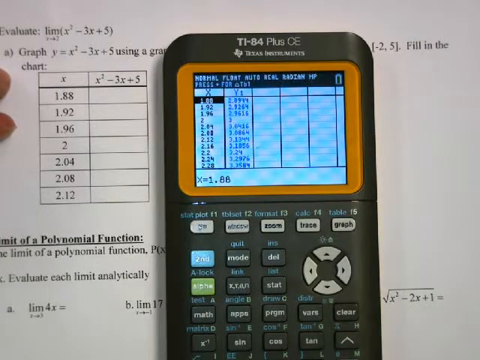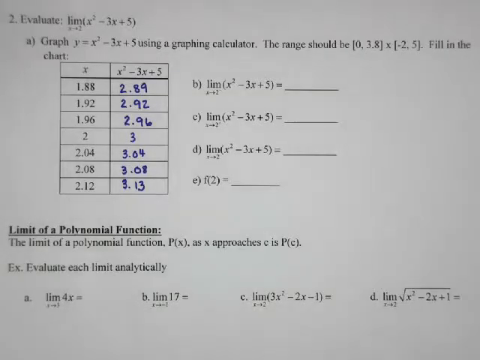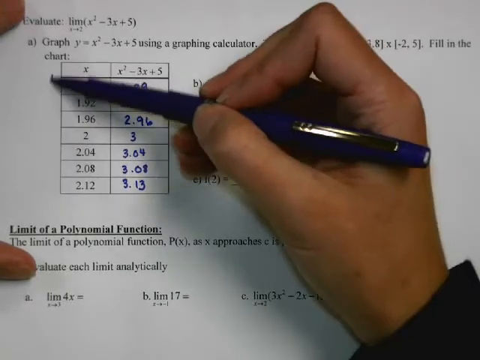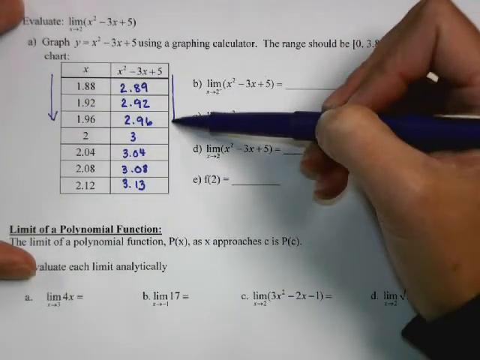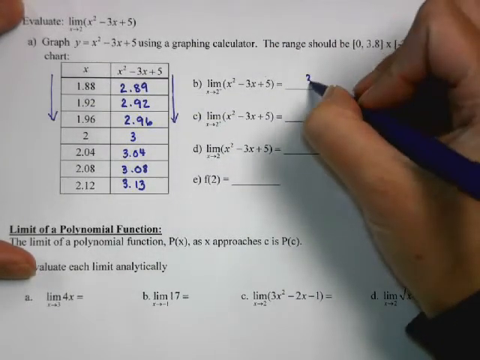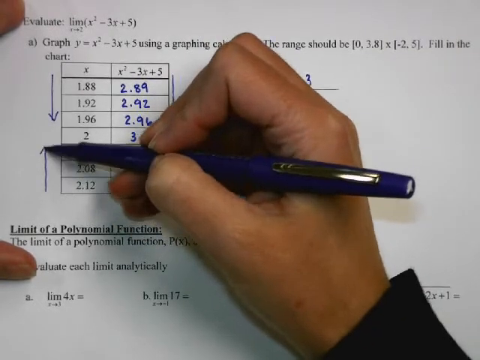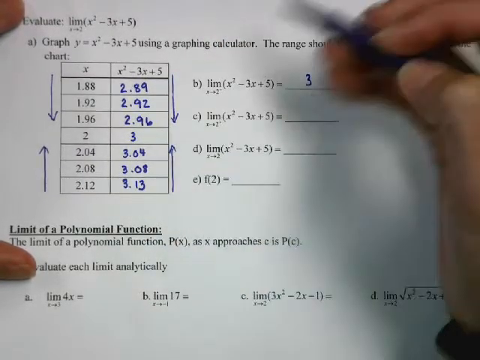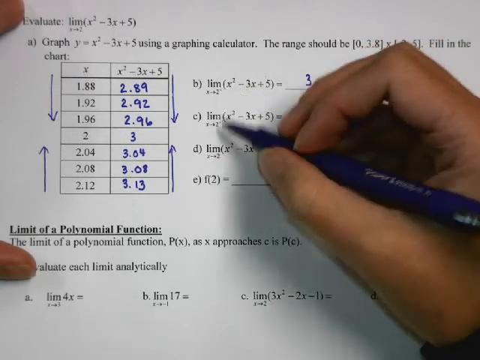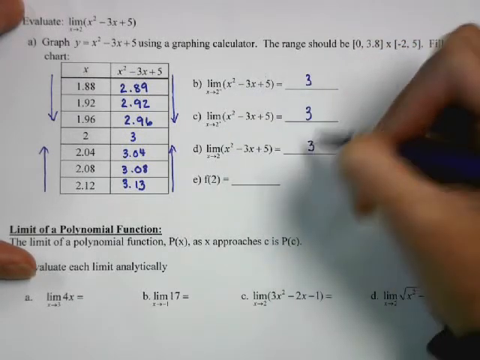So here's our table of values. So we're looking at what's happening as we approach 2. So as x goes to 2 from the negative side, these are going to 3. From this direction, 3. Since those are the same, the limit exists and is 3. And in fact, when we plug in 2, we get 3.